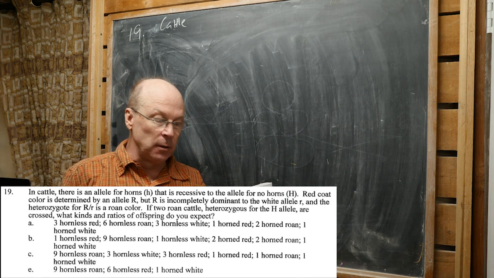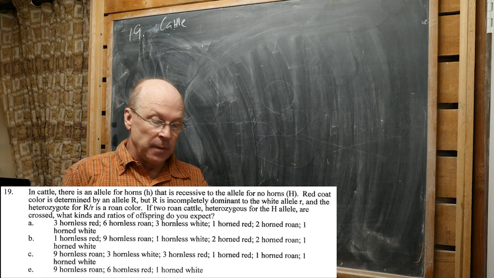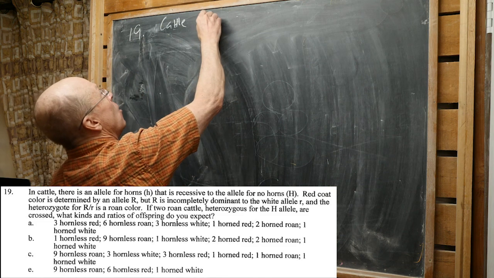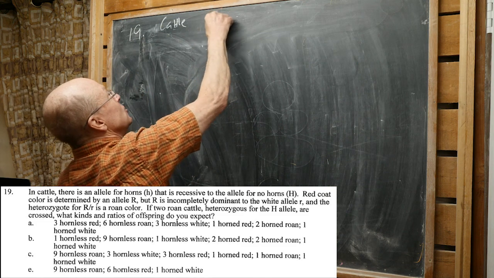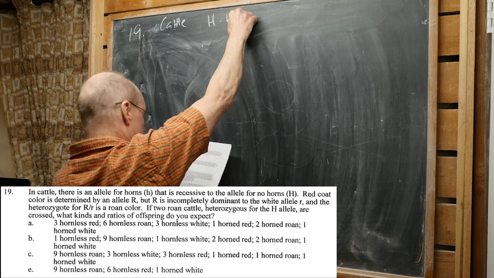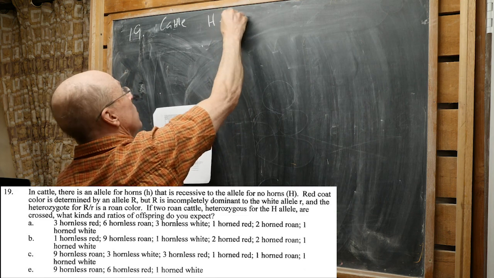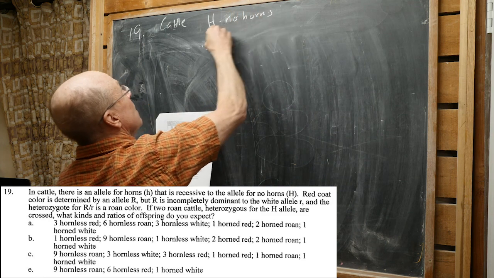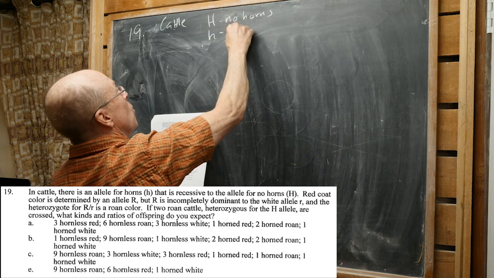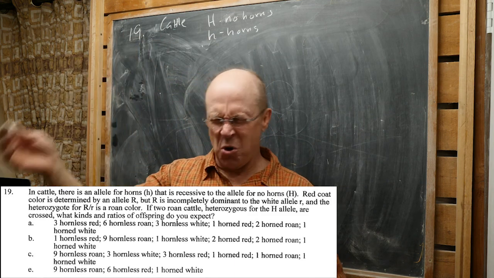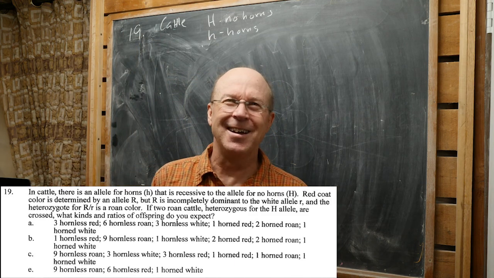In cattle, there's an allele for horns that is recessive to the allele for no horns. So therefore, big H equals no horns. Little h is equal to horns. This is one of these curveballs right off the bat. You're thinking, oh, horns, that's got to be dominant, right?